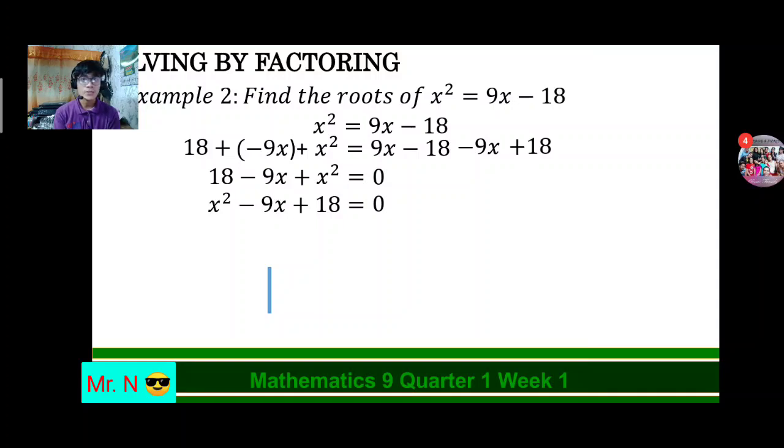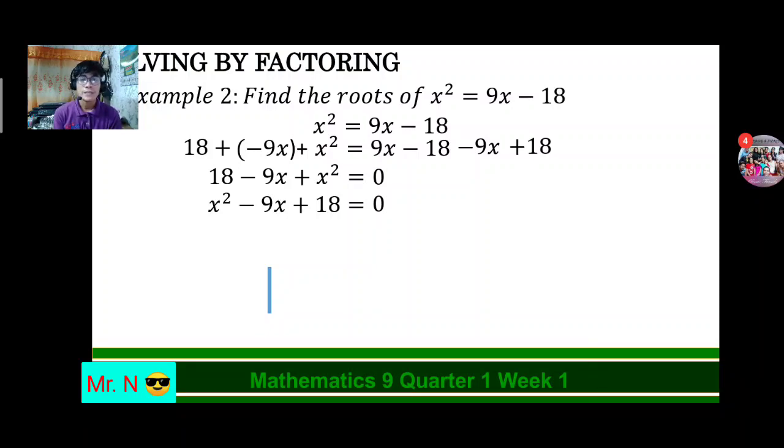So, alin dun sa sinabi ko kaninang factors na 18 ang magbibigay sa inyo kapag pinag-add ay 9? Simulan natin sa 1 tsaka 18. Pag pinag-add nyo, malabong magbigay ng 9. What about when we add the 2 times 9? Malabo din. What about 6 times 3? Very good. 6 times 3, 6 plus 3 is 9.